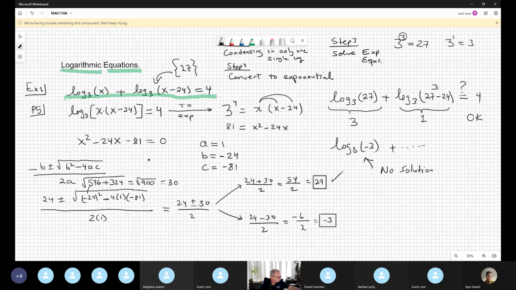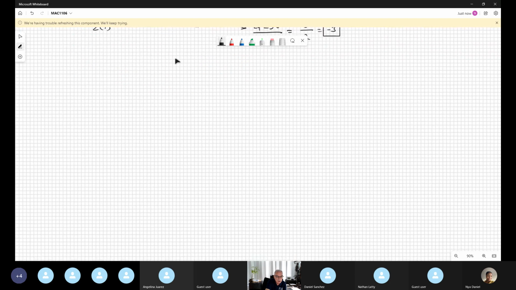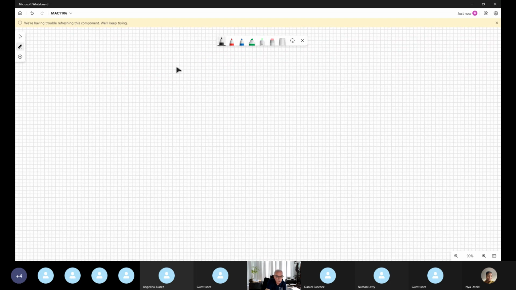It's mandatory: in any logarithmic equation, you have to check. The reason is clear. The exponential equation is nice, the logarithm is picky, and you need verification. The logarithm does not accept negative numbers, nor 0, only positive.